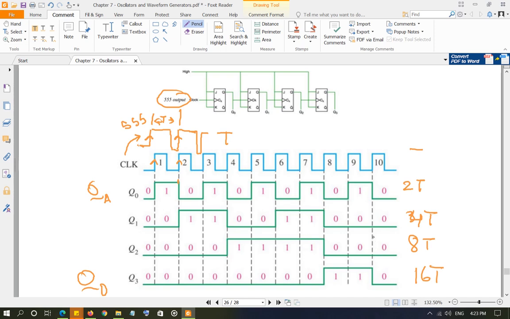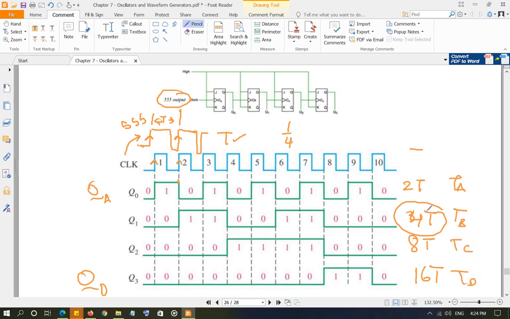So let's say you want the time period of 10 millisecond. You can set any of these at 10 millisecond. Let's say you want to set this at 10 millisecond, and then from that you can figure out what will be the time period of this, which will be 1/4 of this time period.